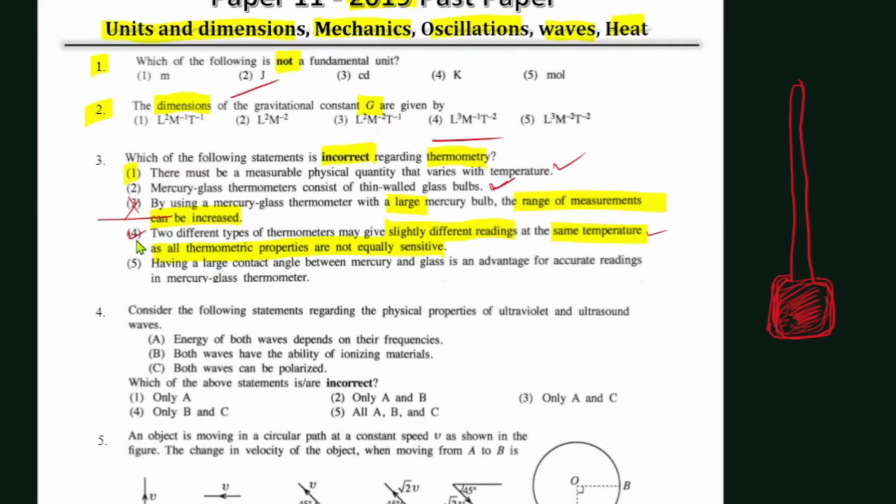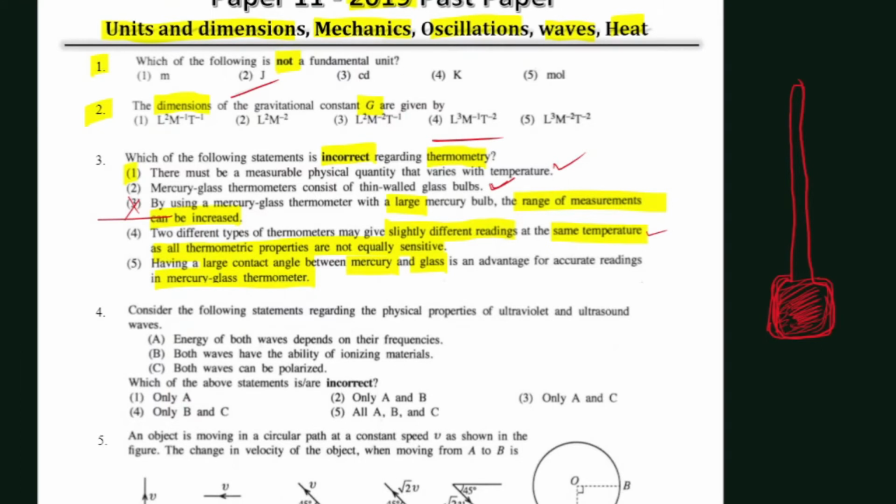Right. So let us see the next one, right? What they're saying in the next one is having a large contact angle between mercury and glass is an advantage for accurate reading in mercury glass thermometers.